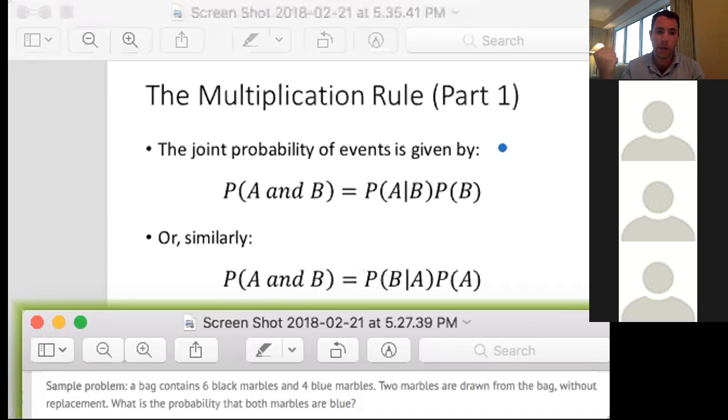If after you took that marble out, you put it right back in the bag, those would be independent events, and you would just multiply 4/10 twice. But in this example, because you don't have replacement, you're taking that marble out, which means the second event is dependent on the first event. So the probability of drawing a blue marble the second time is dependent on whether you drew a blue marble the first time.